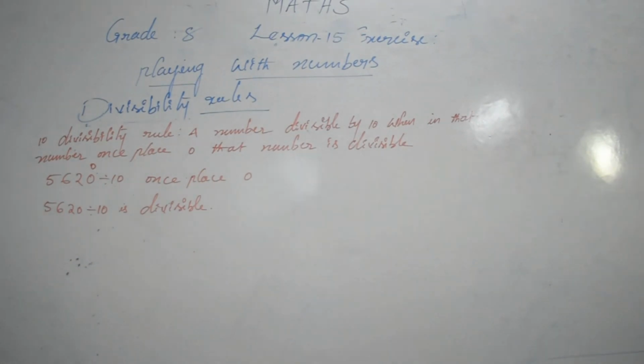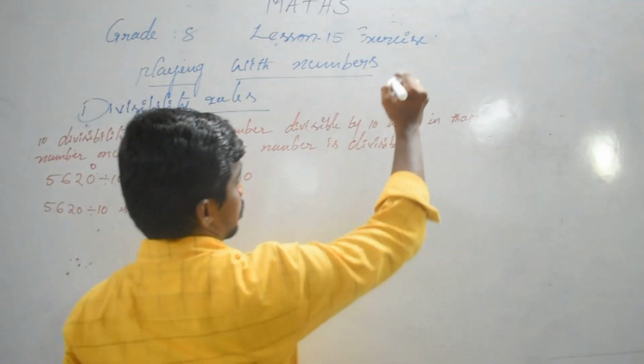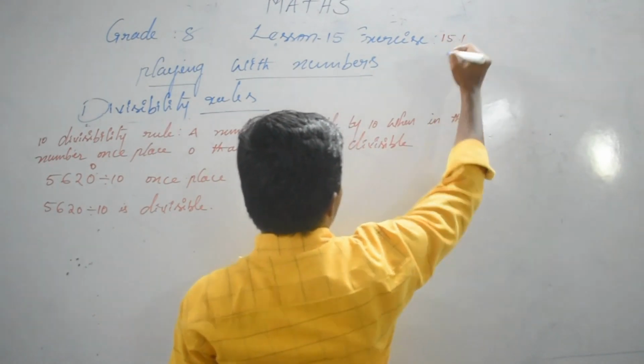Next one. Now we are going to exercise 15.1, using the divisibility rules. Find which of the following numbers are divisible by 2, 5 and 10. Say yes or no. In the given table, what do you observe? Exercise 15.1, very easy.